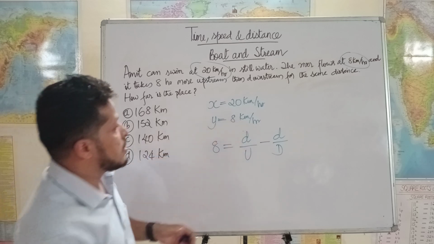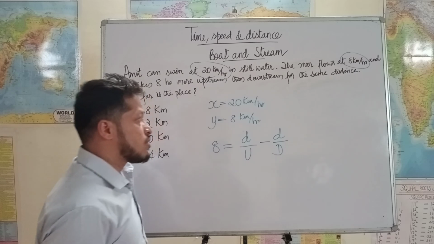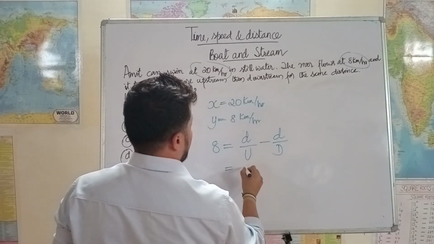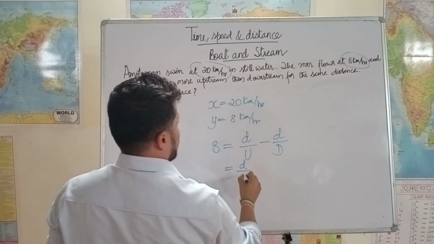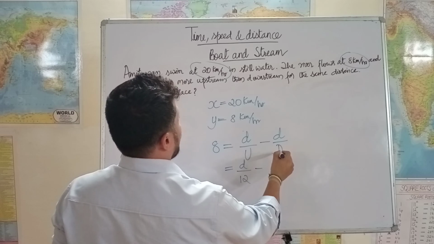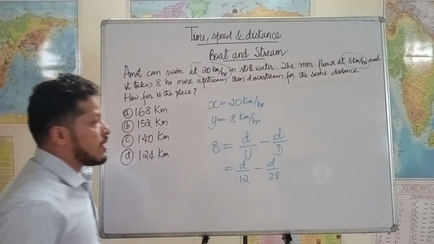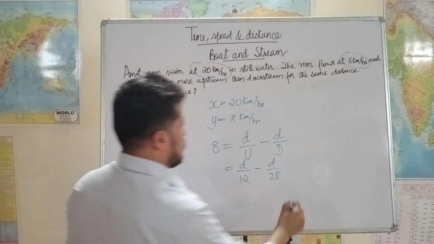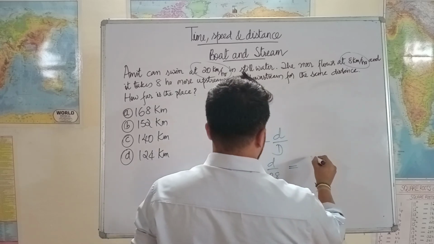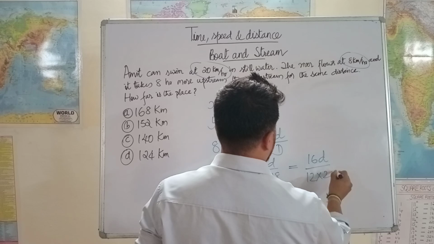So this is the time taken to travel upstream minus the time taken to travel downstream. What is the upstream speed? x minus y is D by (20 minus 8), which is 12, minus D by the downstream speed, which is 20 plus 8, 28. Correct? Now this is (28D minus 12D) by (12 into 28), which is 16D by 12 into 28.